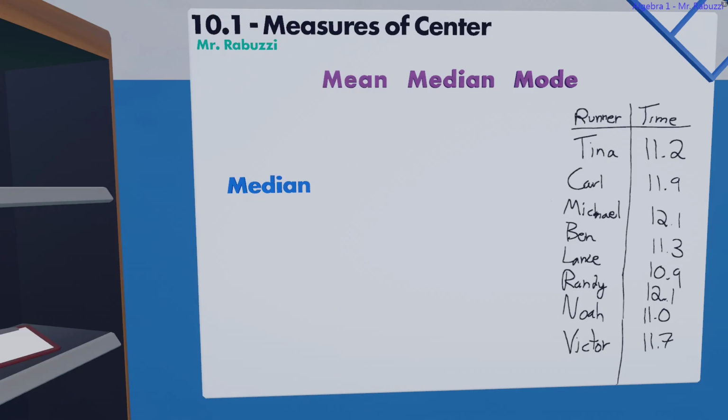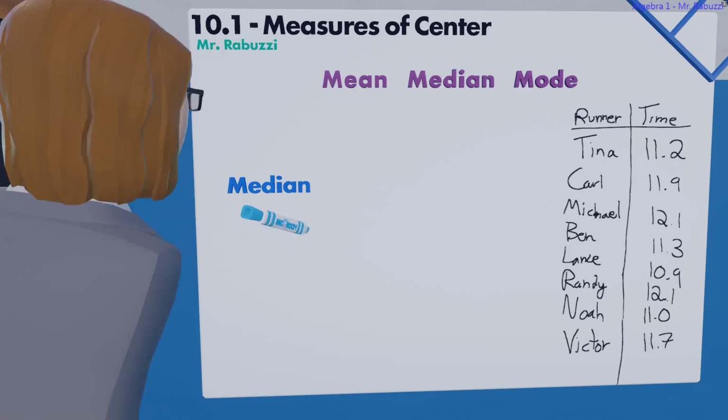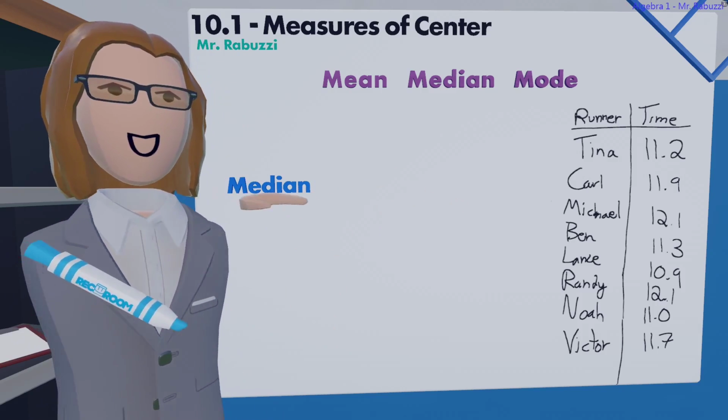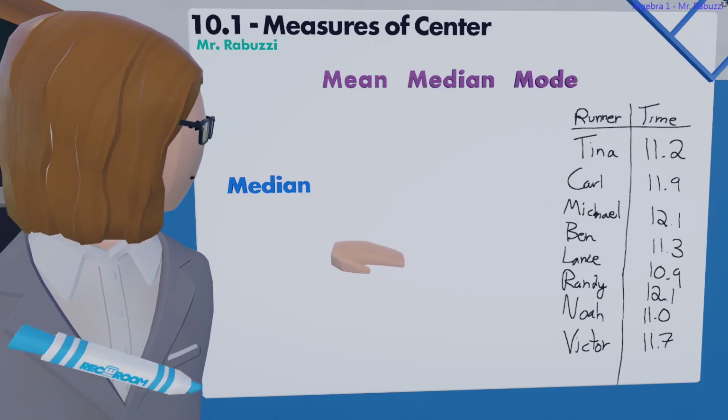This is in blue. So now I do need to put them in order. So I'm going to write my values in order. The fastest was 10.9.